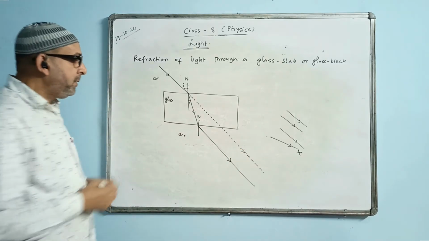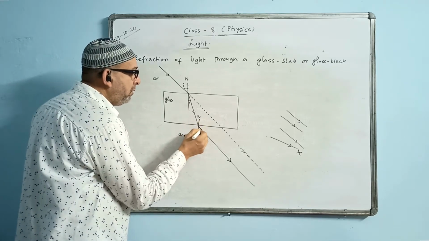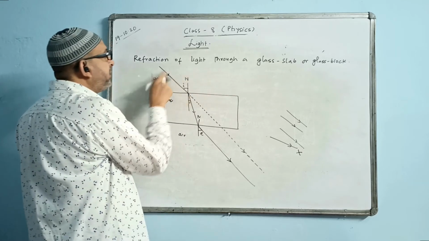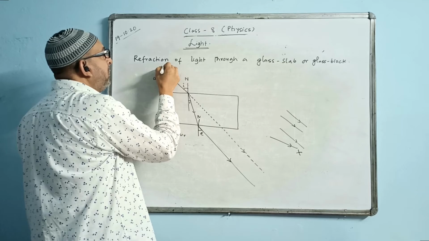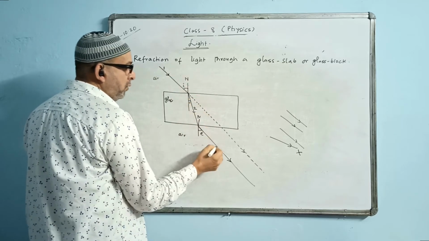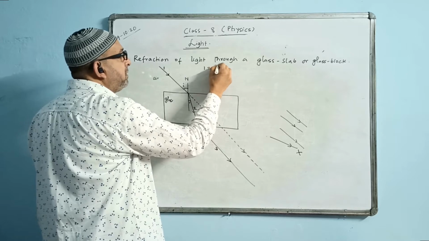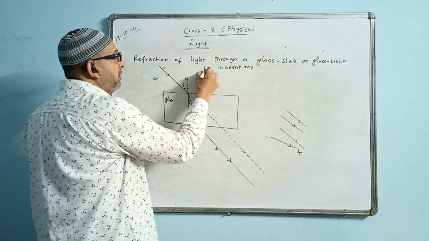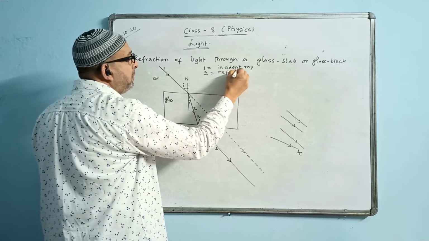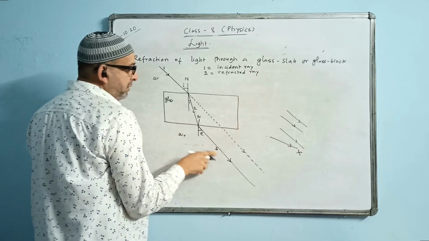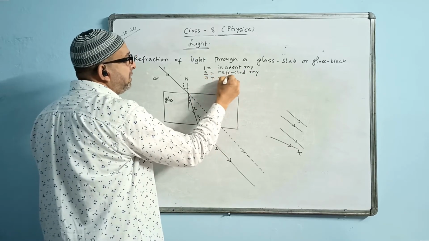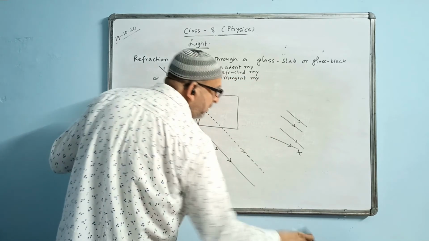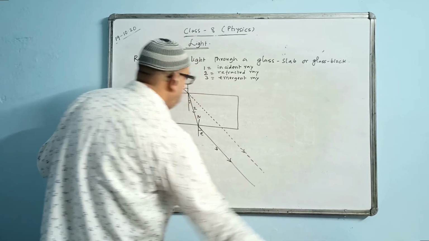This angle is called E, angle of emergence. We write the labels: number 1 is incident ray, number 2 is refracted ray, number 3 is emergent ray, the ray which is finally coming out.